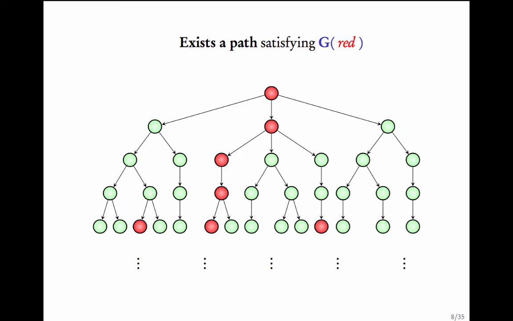So there exists a path which satisfies G red. Correct? G of red is true on a path if every node in that path satisfies red. So here there exists a path which satisfies G red.